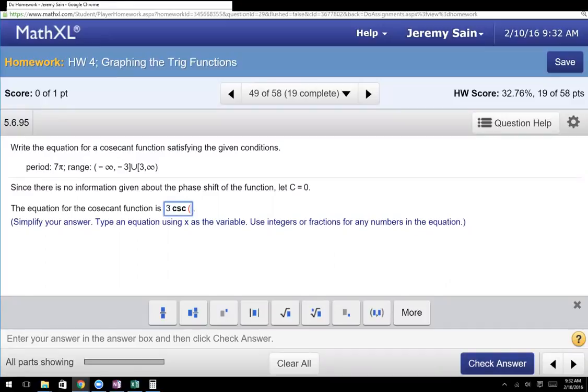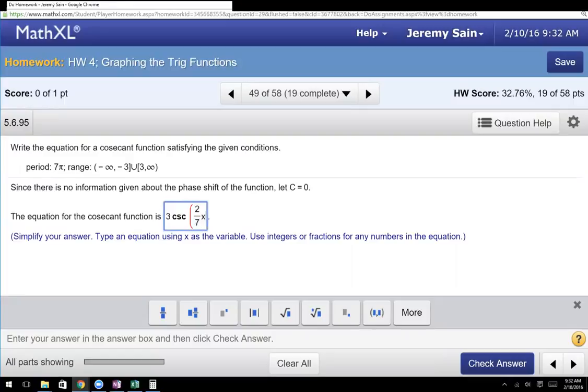The period is 7 pi. What's usually the period of cosecant? Yes, 2 pi. They're all 2 pi except for tangent and cotangent. Tangent and cotangent are just pi. So if I want to stretch a 2 pi into a 7 pi, I just put 2 sevens.